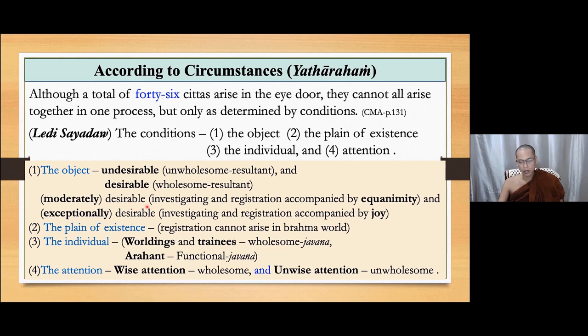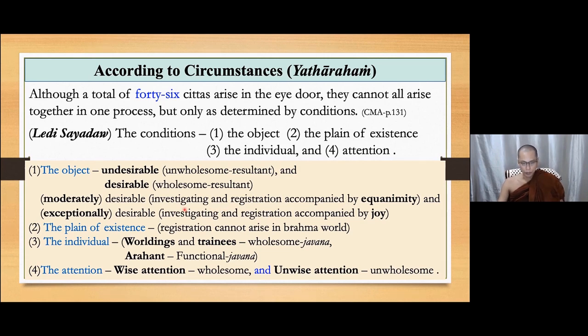And also the desirable object can be of two kinds according to quality. Sometimes it is moderately desirable, the ordinary one, normal, desirable but not so special. These are the desirable objects we encounter in our daily life.